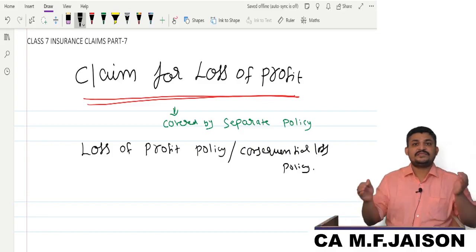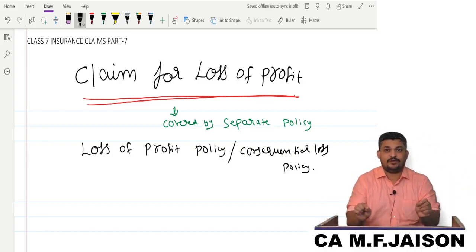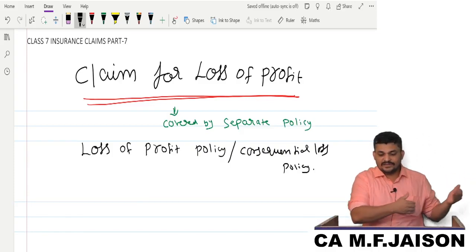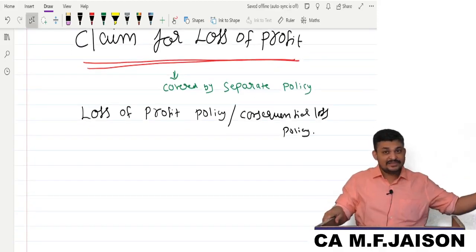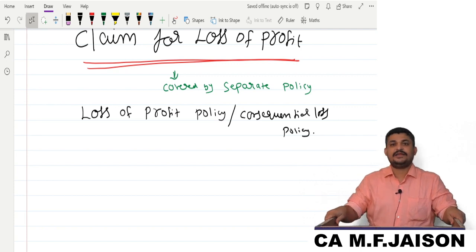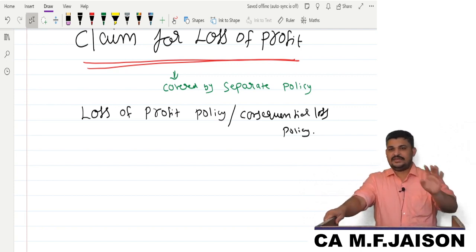Only if the business entity has taken a separate policy do you get a claim for the loss of profit. A separate policy other than the loss of stock policy should have been taken. That's the first point.